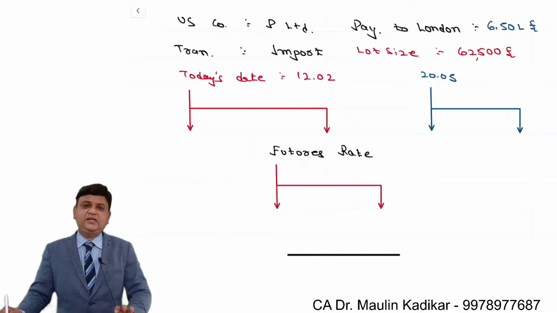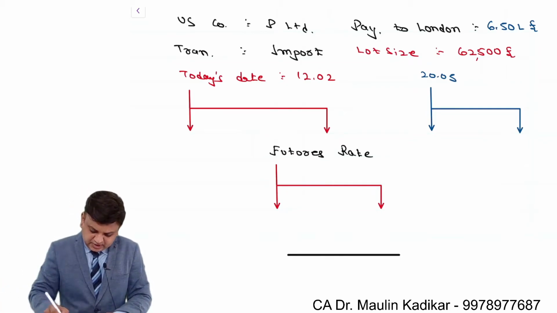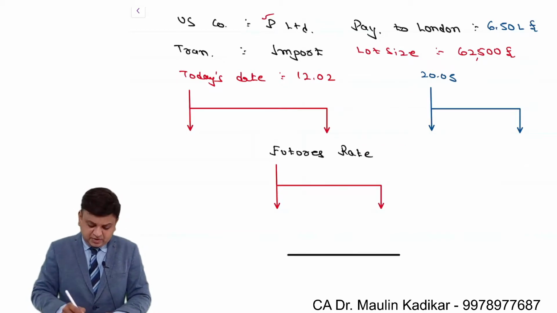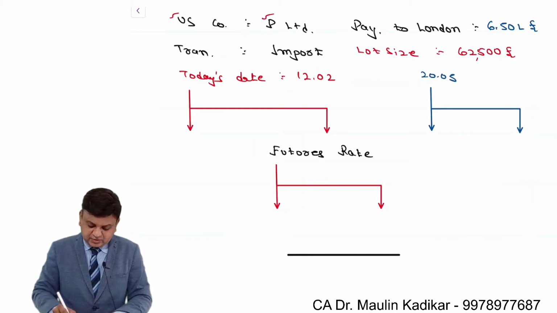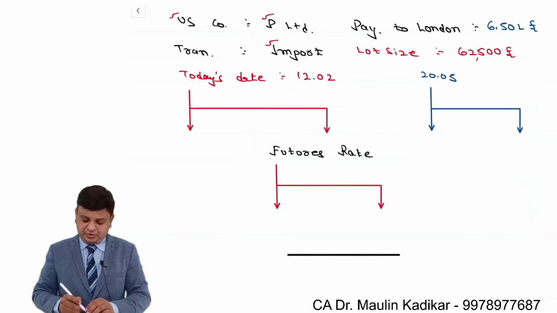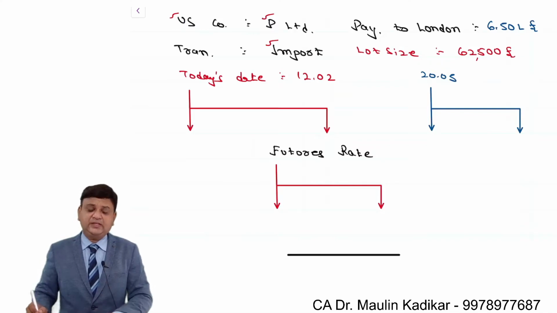Let us have understanding of the information of the question. Let's say there is a company called P Ltd. It is a company of United States of America. It has entered into the transaction for the import of the goods, and for that the payment is required to be made in UK pound currency, 6,50,000 pound.